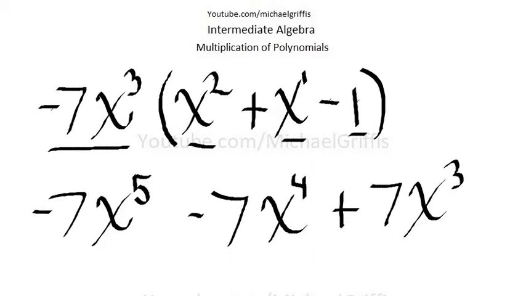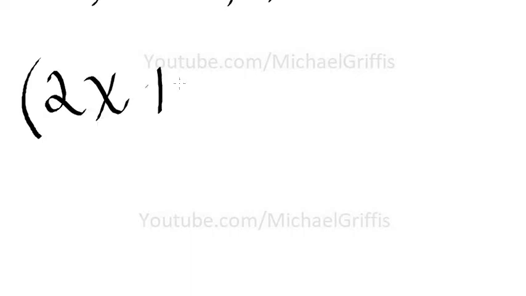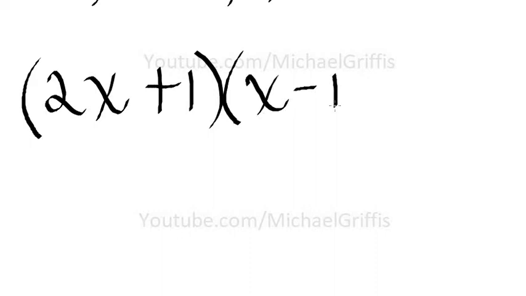Okay, let's work on something a little different now. We have in parentheses 2x plus 1, and we're going to multiply that by x minus 1.